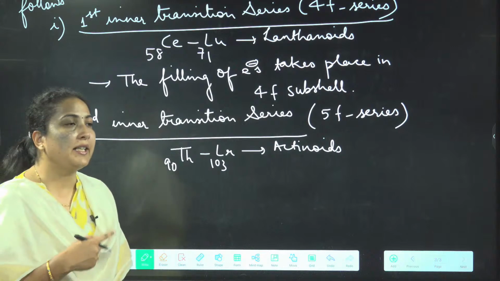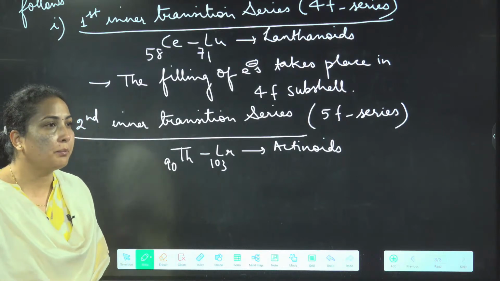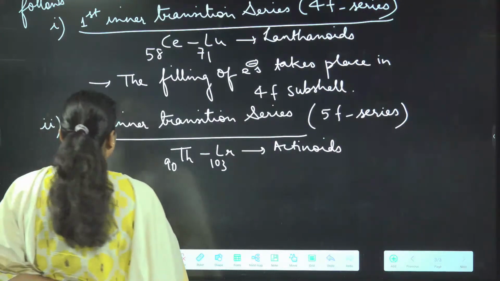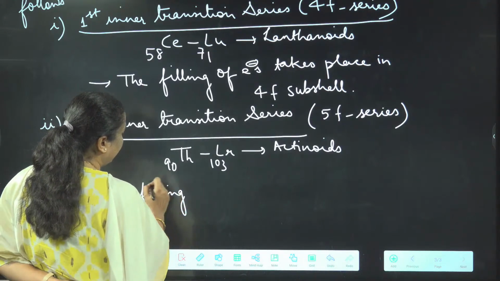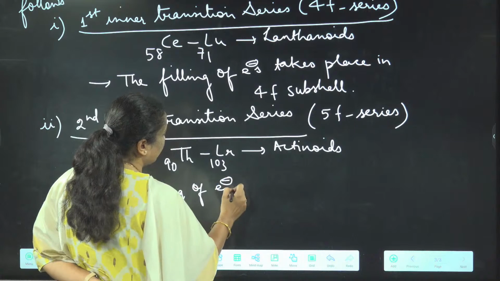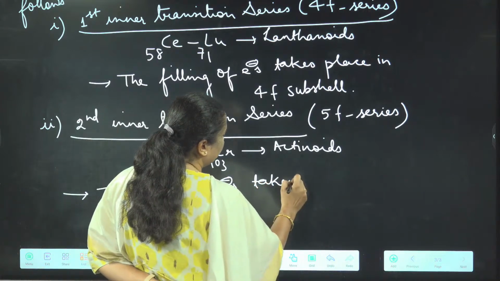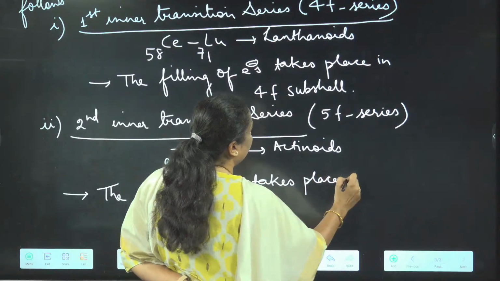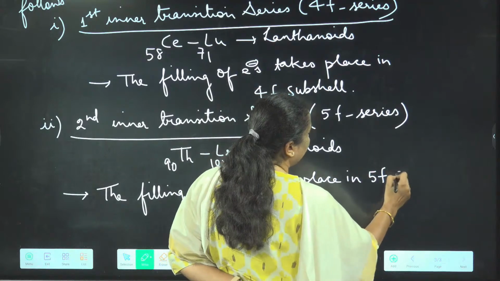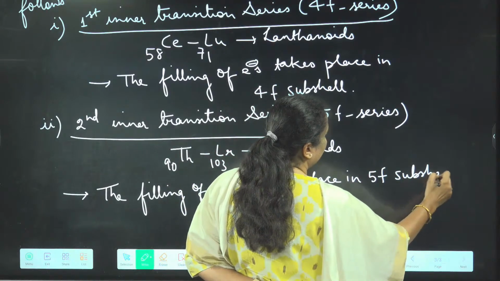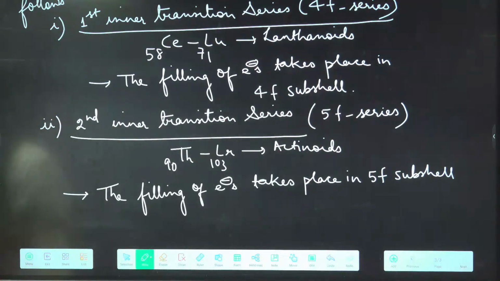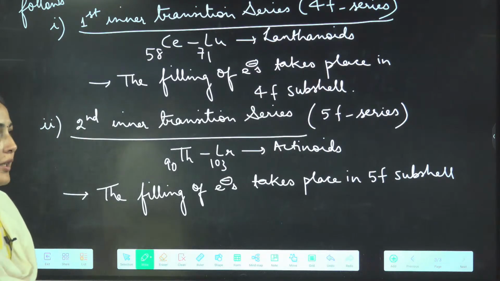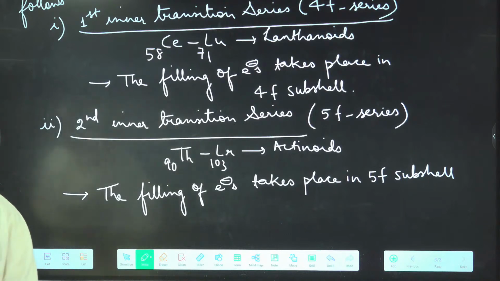Because here the electrons are getting progressively filled up in the 5F subshell. So we can write down the filling of electrons takes place in 5F subshell. That's the reason we are calling them the second inner transition series. Yes, all of you please make a note of it.